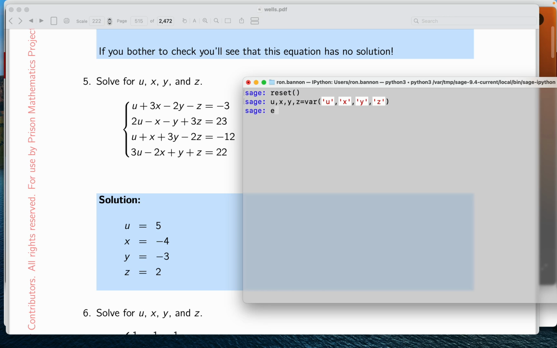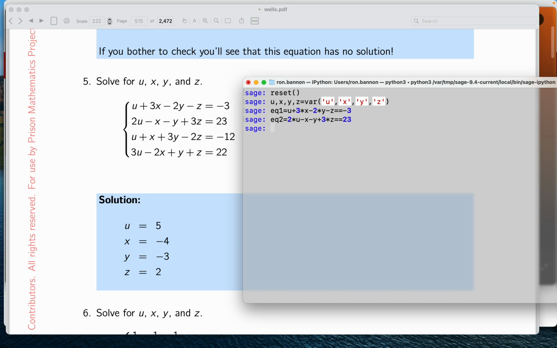I'm going to define an equation now. EQ1 is being assigned u plus 3 times x minus 2 times y minus z equals, a double equal sign represents an equality in Sage, minus 3. Equation 2, EQ2, that's going to be twice u, 2 times u, minus x, minus y, plus 3 times z, and that equals 23.